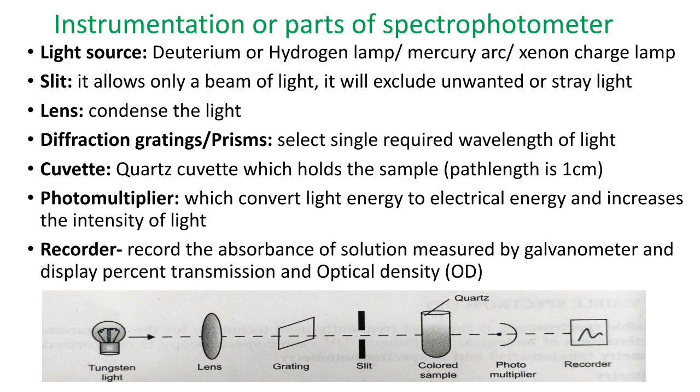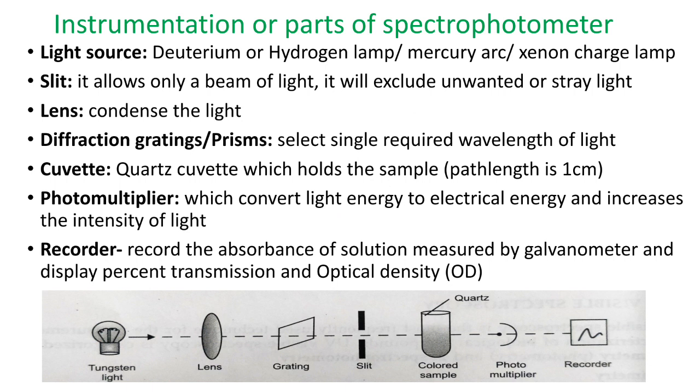Here you can see the parts or instrumentation of the spectrophotometer. The light source is a deuterium or hydrogen lamp, mercury arc lamp, or xenon discharge lamp. Usually we use a deuterium lamp. The slit allows only a beam of light, so it will exclude unwanted or stray light.